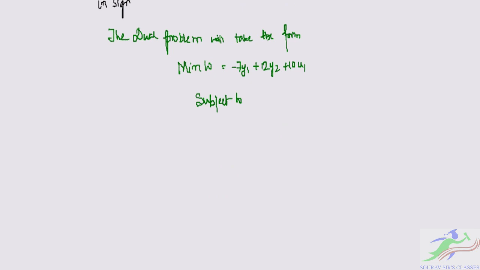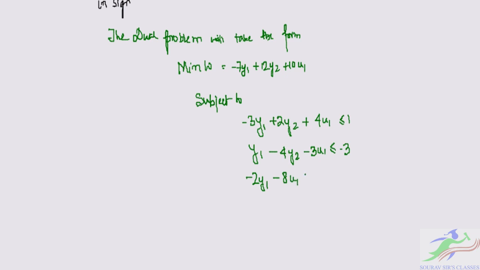So here it will be minus 3y1 plus y2 plus 4u1 is less than or equal to 1. So y1 minus 4y2 minus 3u1 should be less than or equal to minus 3. The minus of 2y1 minus 8u1 less than or equal to minus 2. So 2y1 plus 8u1 is less than or equal to 2 only, right?